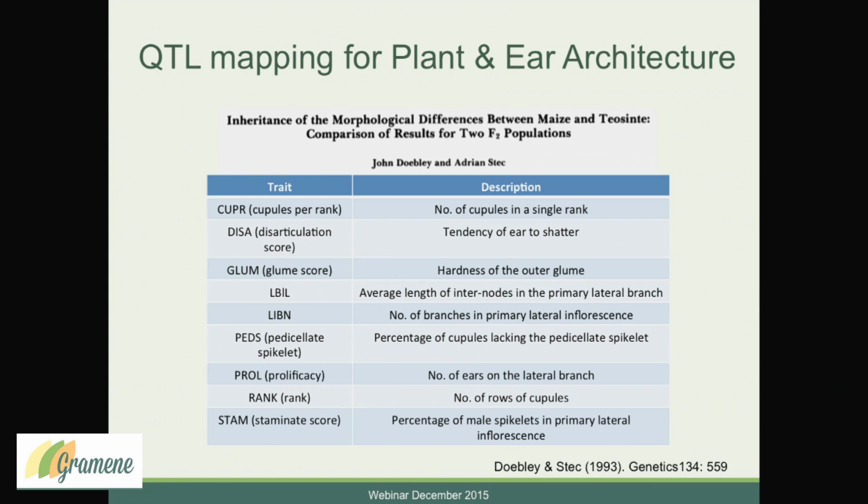This is the list, the table from the publication, just defining the traits that they were looking at, and just to show you the kind of words that you are going to be interested in. In this example, I'm going to be interested in gene ontology terms that look for architecture, branching, and so on.